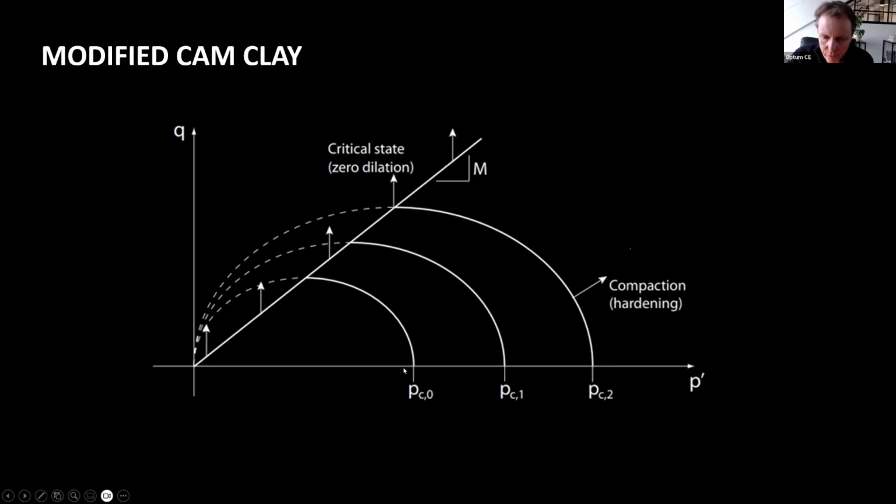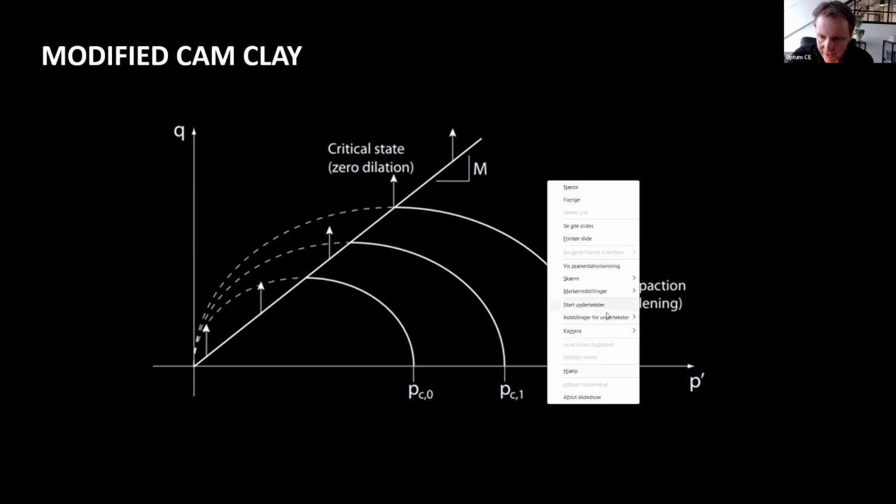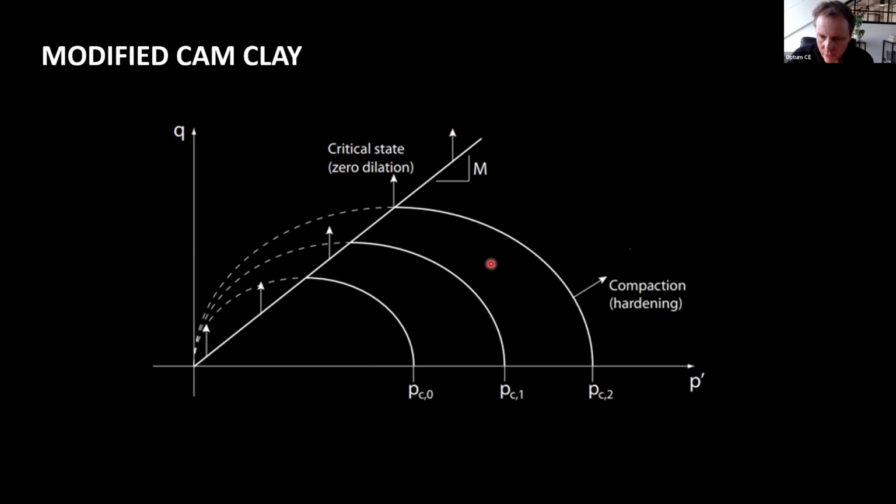So you move from an initial state, and if you move up like that, you gradually activate these hardening caps, and they are calibrated to change the stiffness so that you have not a linear elastic, perfectly plastic behavior, but a gradual decrease of stiffness as you approach the ultimate limit state.